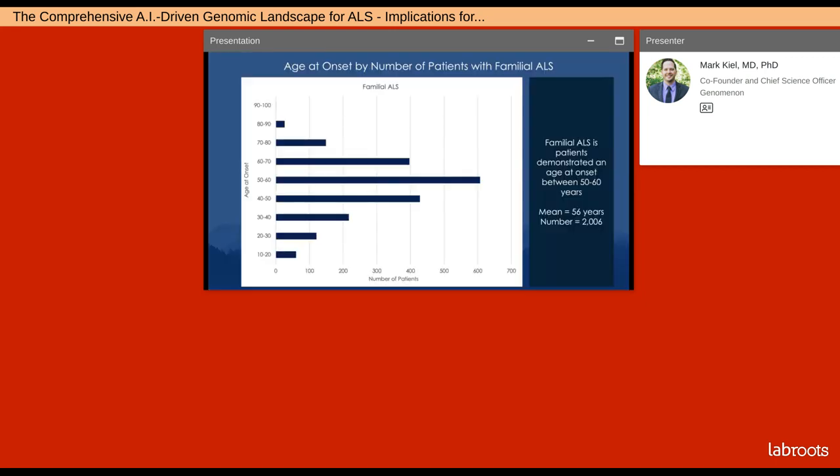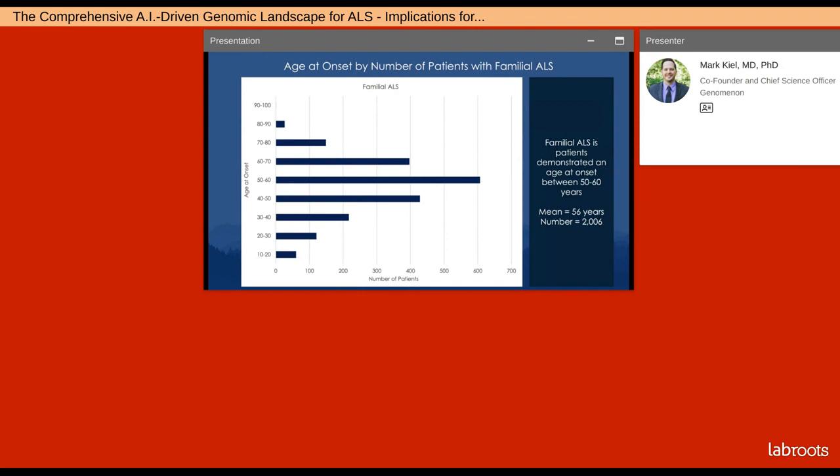So armed with all of the data that comprises the ALS genomic landscape across those many tens of thousands of references, and the 36 genes and all of their many thousands of genetic variants, we took a closer look at all of that data, specifically focusing on each of those clinical cases that were described, which in total number more than 2,000 individual patients.